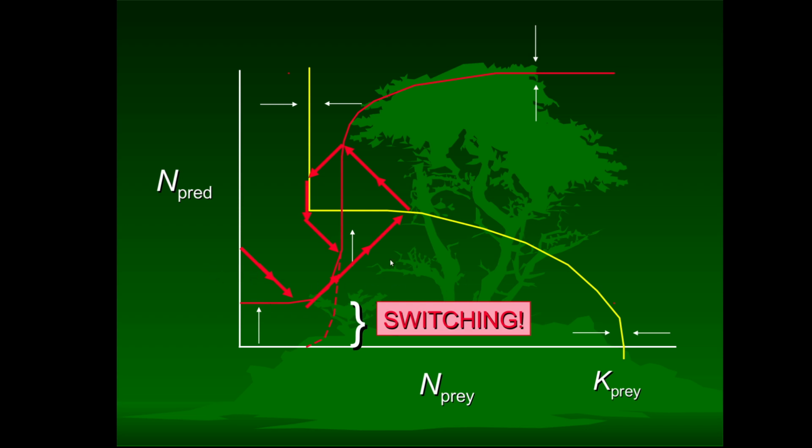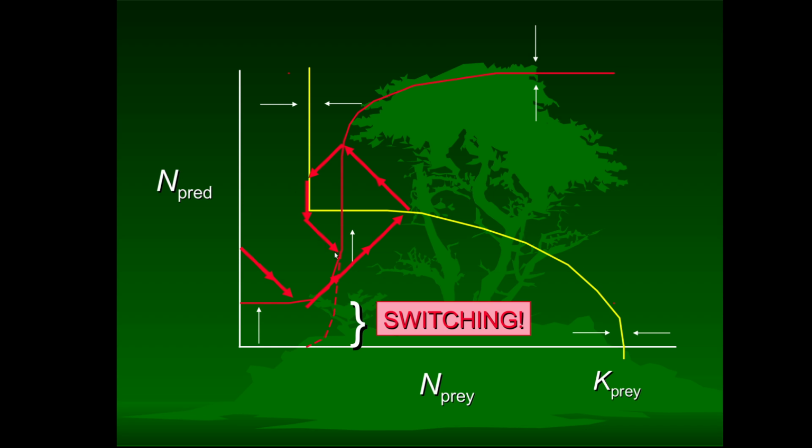So we get oscillation that is permanent and undamped, but without any possibility of extinction in the two species. So this might be a more realistic model for the salmon and trout interaction.